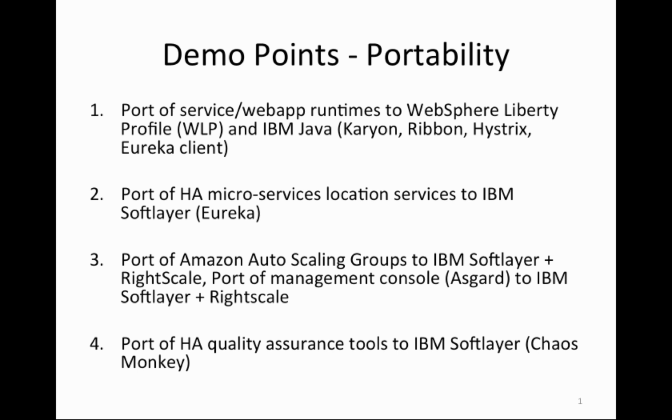The auto-scaling groups, both for elastic scaling and for HA recovery, as well as DevOps procedures in terms of rolling new code changes. All of that using, instead of auto-scaling groups on the Amazon cloud and the Asgard console talking to Amazon, now the same Asgard console working across multiple clouds and talking through RightScale to IBM SoftLayer. And then finally, being able to prove that HA works through HA testing tools like Chaos Monkey that have been ported over to the IBM SoftLayer cloud.